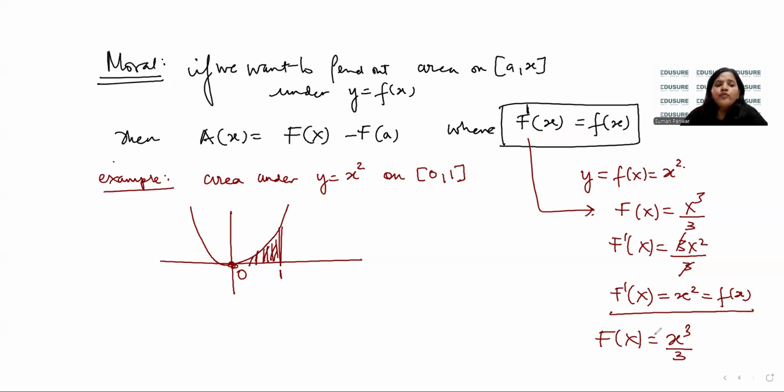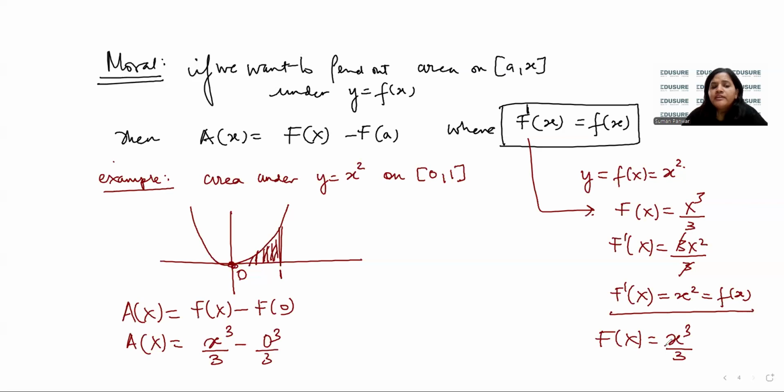So now I want to find out this area. So I will write A(x) equals F(x) minus F(0) because a is 0 here. So A(x) is what? This is x cubed by 3 minus F(0), which is 0 cubed by 3, which is x cubed by 3. So this is the area function.